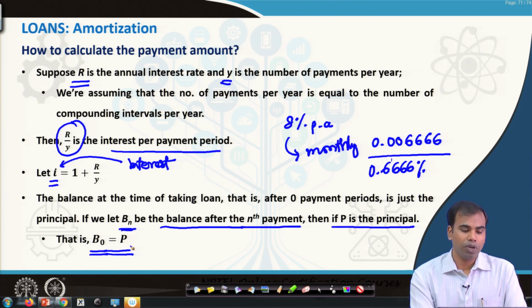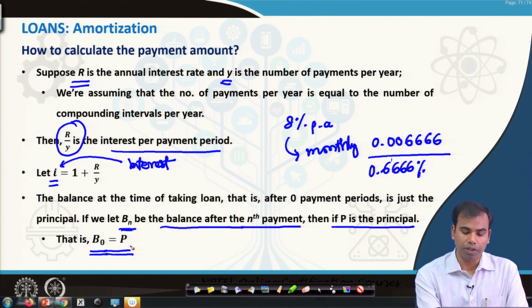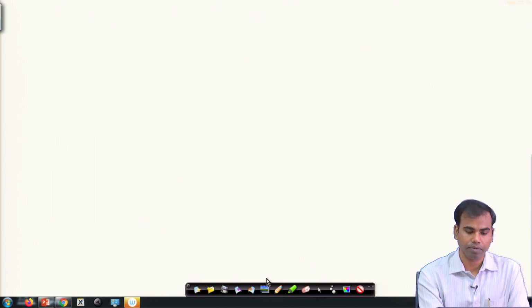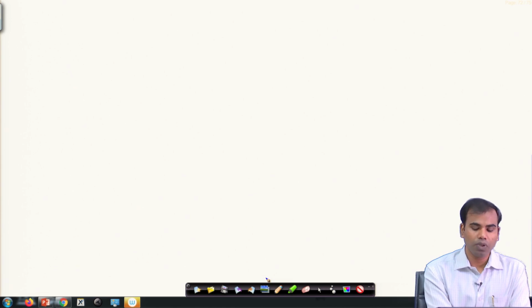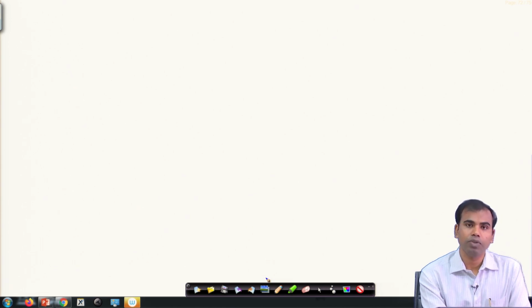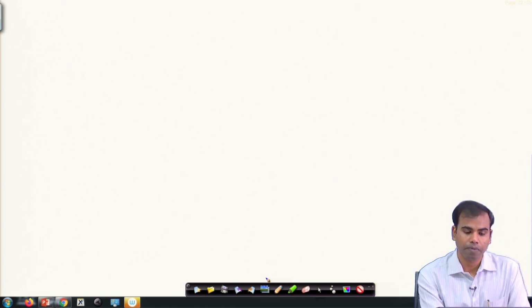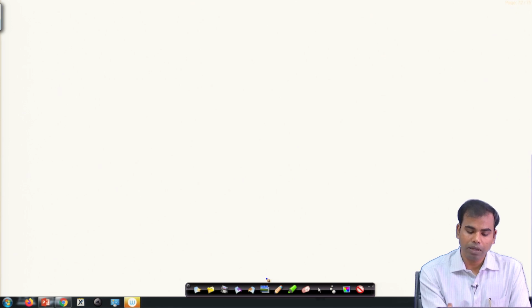Now, we have set the basic terms and conditions and notations. Let us move further. So, we have known that R is the rate of interest and Y is the number of payments.